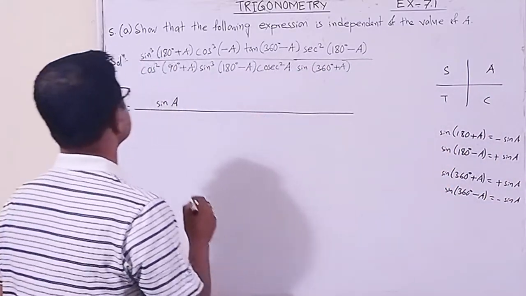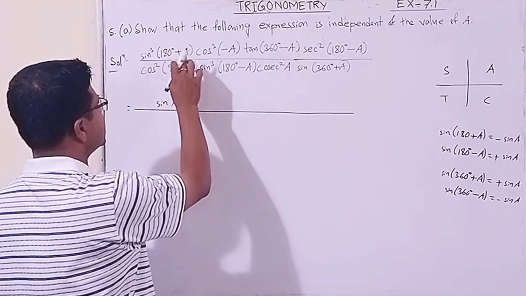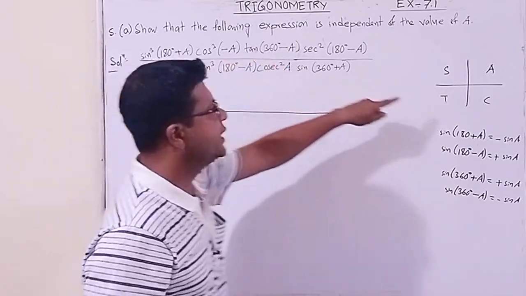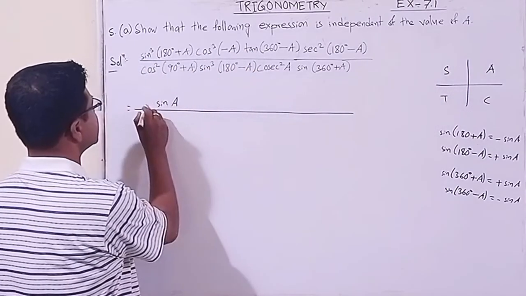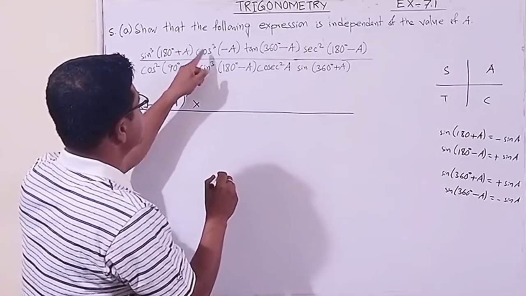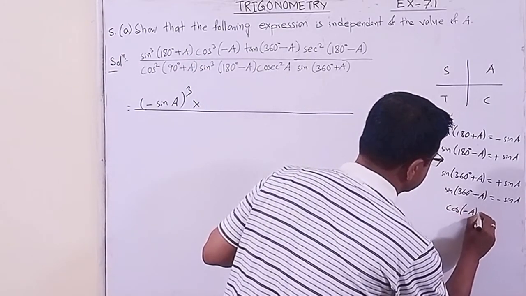All right. So here it is 180 plus a, so obviously sine of a. Now it is in which quadrant? 180 plus a, third quadrant. In the third quadrant sine is negative, so minus sine a, and its cube. Now you know that, dear student, cos of minus a is what?